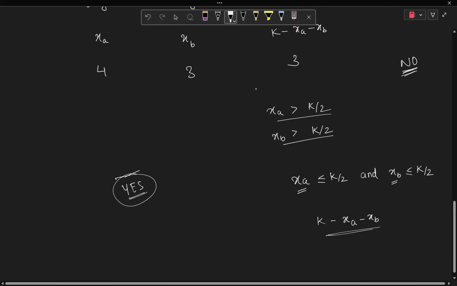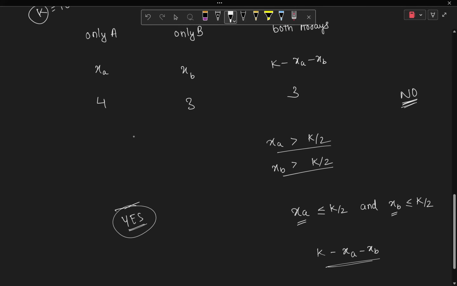What I did is, instead of finding the elements which are present in only one of these arrays, I found xa plus the number of elements which are present in both these arrays, and xb plus the number of elements which are present in both these arrays.